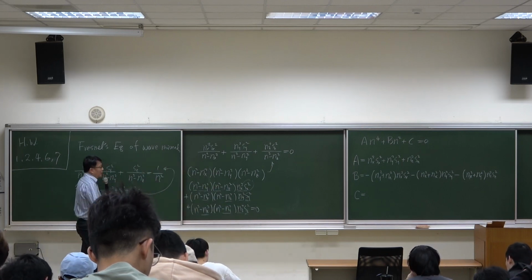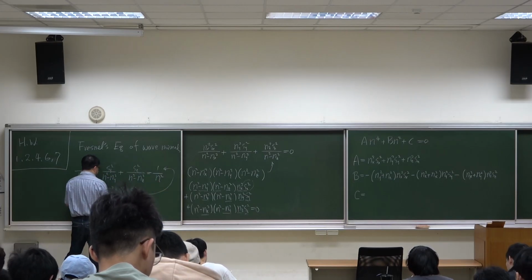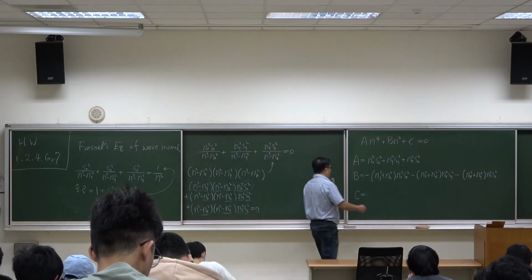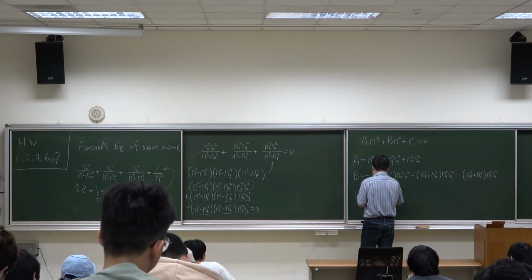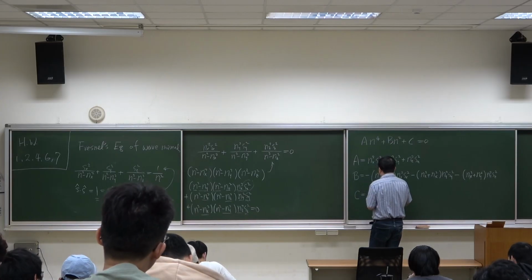And the sum of sx squared, sy squared, sz squared is equal to 1. So C is equal to nx squared ny squared nz squared.